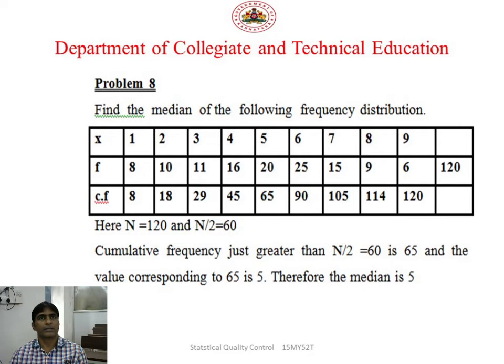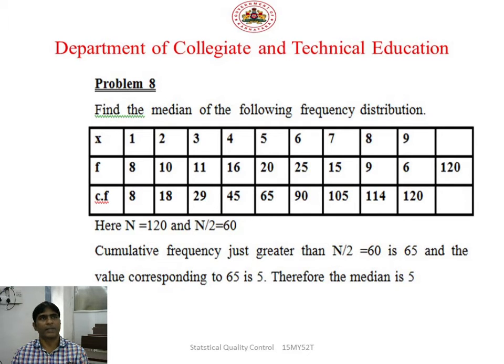The total of these frequencies is n, which is 120. We add all of these and we get 120 in total. Next we calculate the cumulative frequency. As I told you, the first one we keep as it is, and for the next ones we add the value beside it.